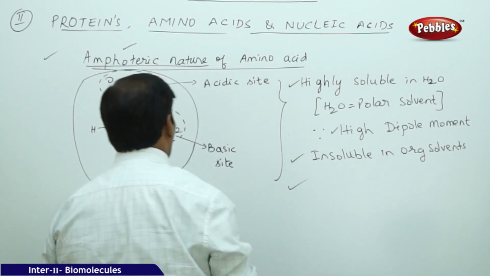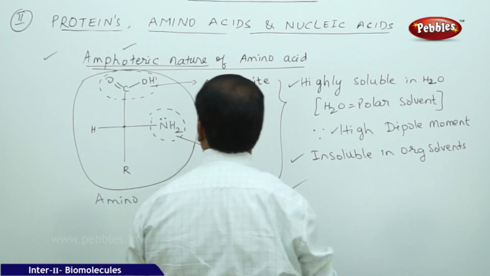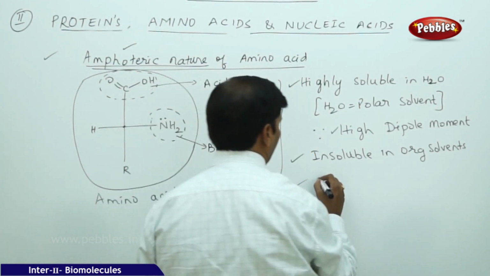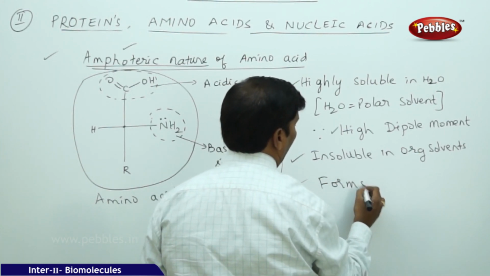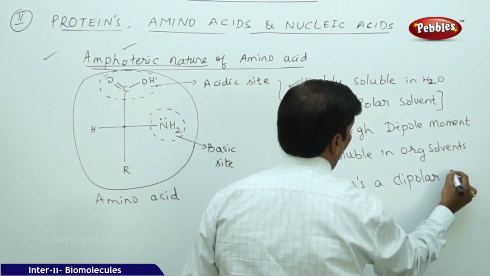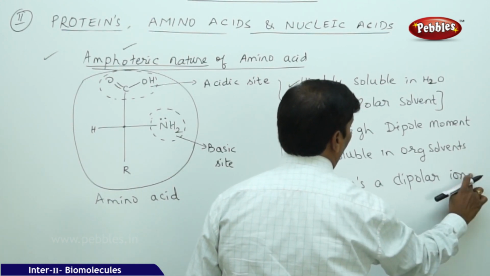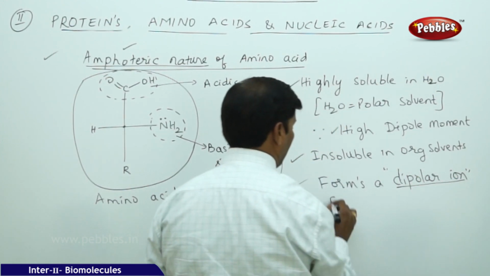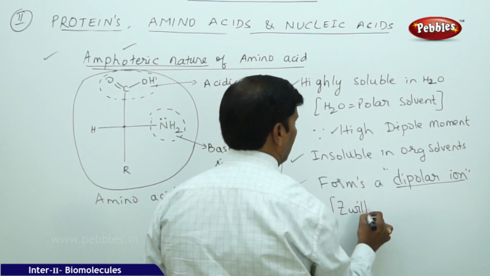Because of its high solubility in water, the amino acid forms a dipolar ion, also called a Zwitter ion.